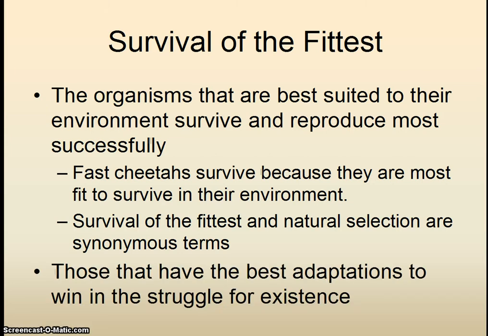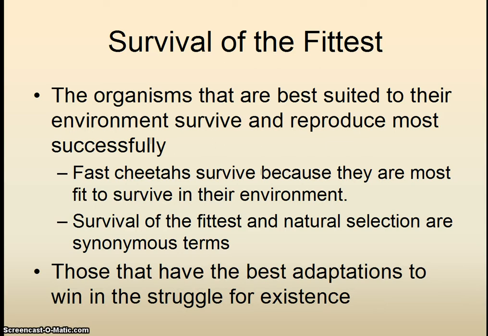Organisms that have the best adaptations are the most fit, and they're going to win in the struggle for existence. They're going to be able to reproduce more. They're going to pass on their genes that allowed them to have these adaptations, and that's what's going to happen. If you think about an unfit cheetah, it's going to be using an awful lot of energy to chase down prey that it might not catch.